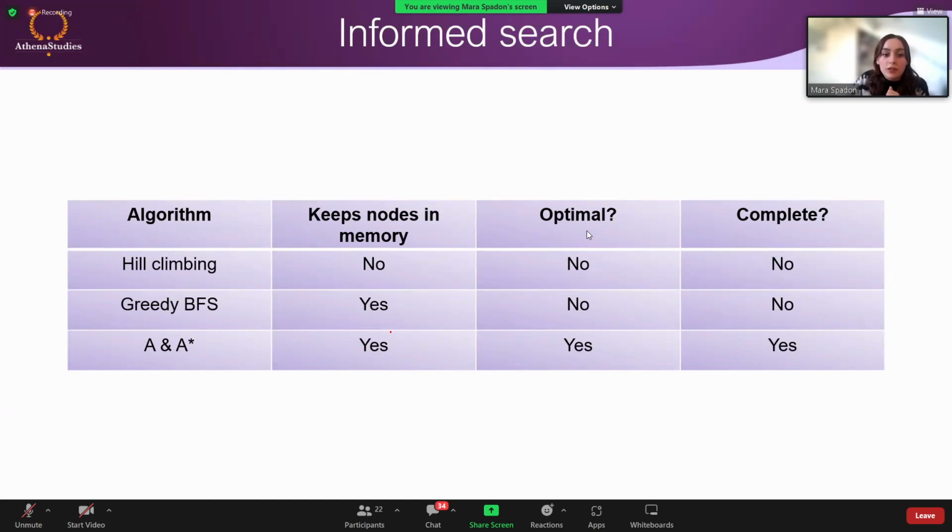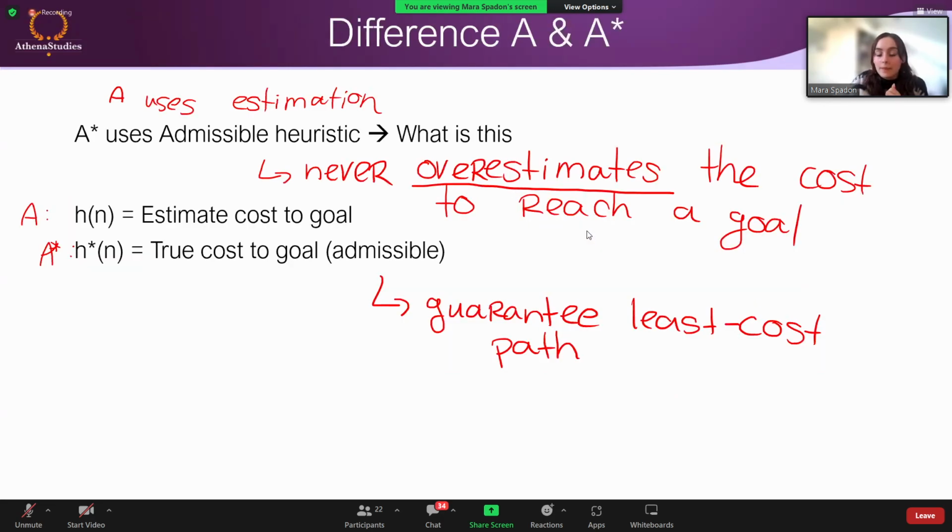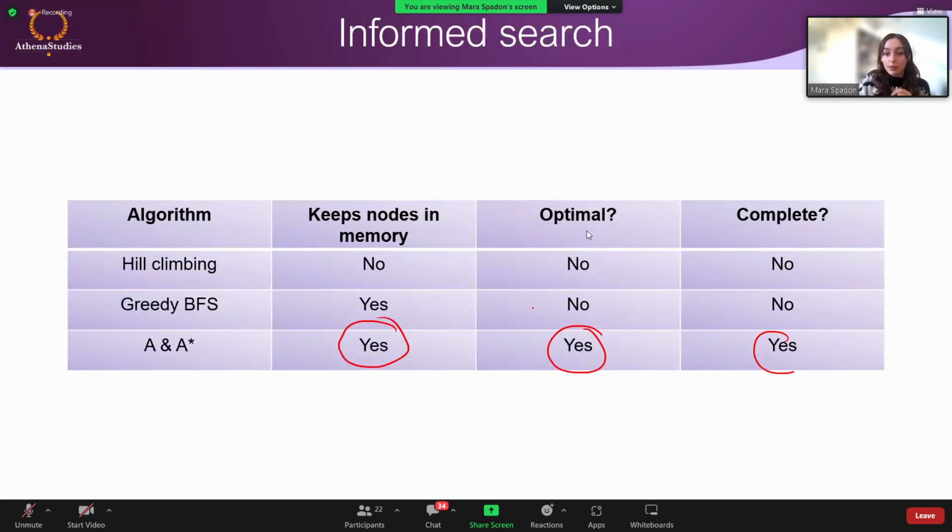And for A and A star search, it keeps nodes in memory and it is also optimal and also complete. Well, for our case, at least, the A star one is optimal. So they're both complete. A star is optimal. And A can be optimal, but not always. So I would say not optimal.